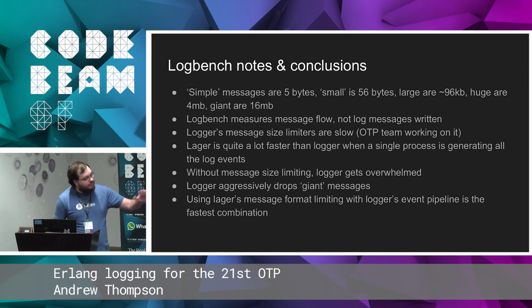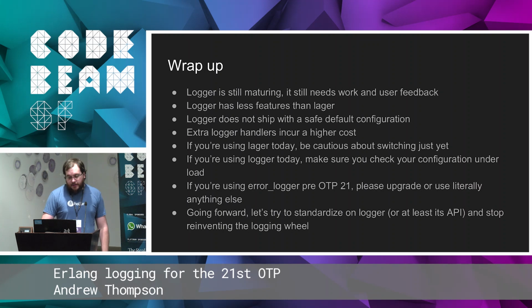So just be aware that there are some speed concerns. And as I said, the weird hybrid is the fastest thing. It makes sense, I guess, because my size limiting is much faster, because I spent a lot of time on it. So that's an interesting thing to take away.